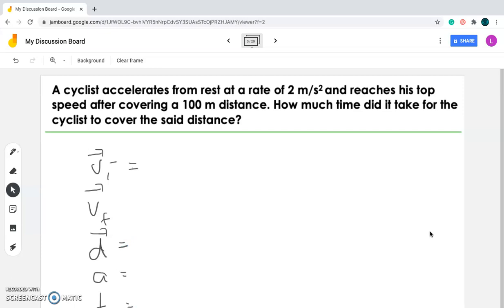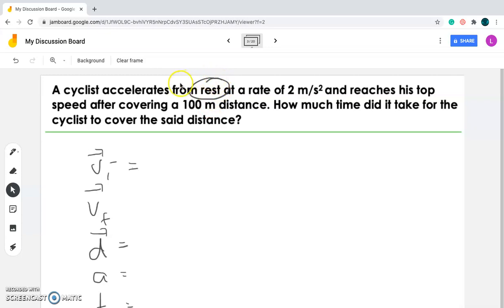So let's see what we have in the problem. Let's read it carefully. A cyclist accelerates from rest. Now look at this one. It might look as if we don't have so much given because you don't see a lot of numbers. But it's possible for a given to be implicitly stated, or it can be just implied.